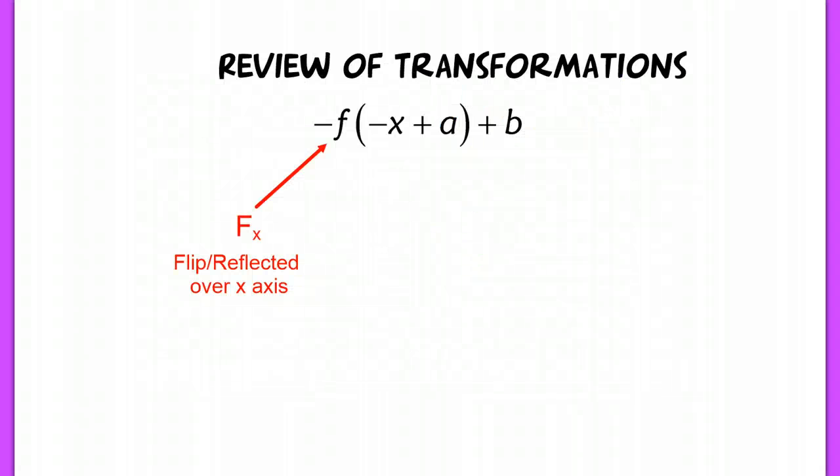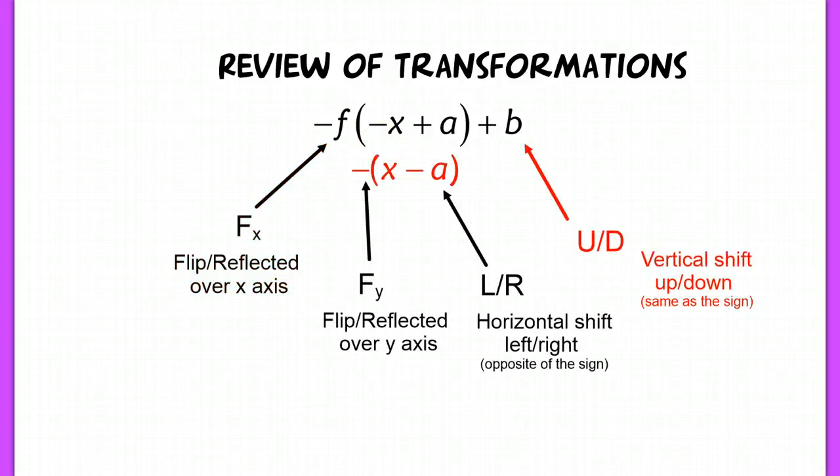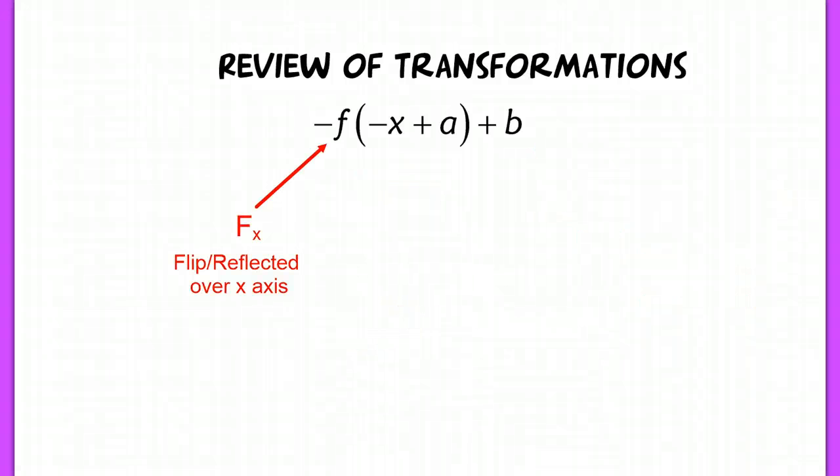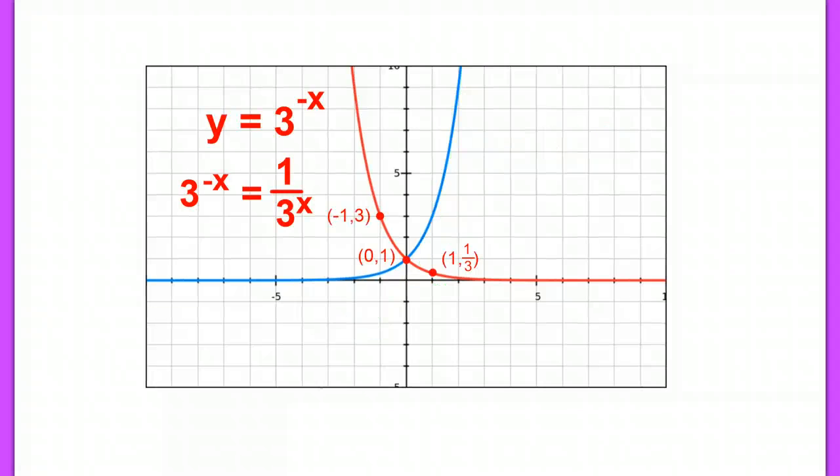So just to recap our transformations, when you see a function in this form, when you have a negative out in front, it's reflected over the x-axis. When you see a negative on the inside, you want to factor that out, and then you're going to look at the fact that it's flipped over the y-axis, which, if I go back, looks more like this one here.